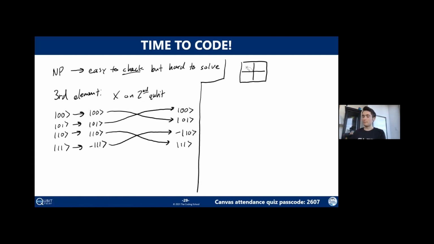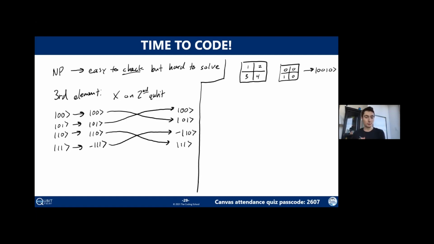So pretty straightforward, right? And you could probably already tell what the solutions are to this problem because it's tiny. But if we design an oracle for this problem, the oracle should seem a little bit less trivial. So let's say that our states are going to be represented by just lining up whatever bits we have in this grid. So 1, 2, 3, 4. For example, if I had the state 0, 0, 1, 0, that would be represented by ket 0010.